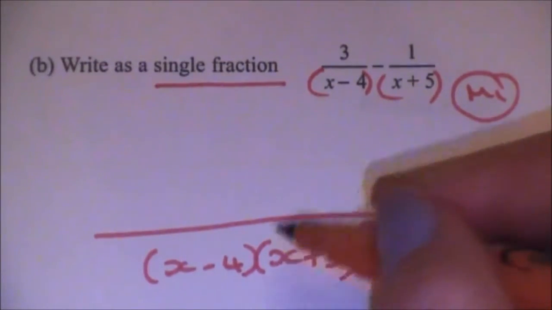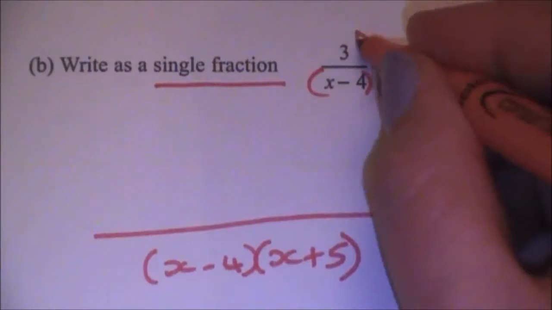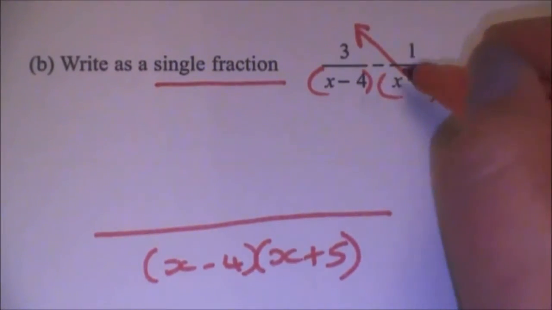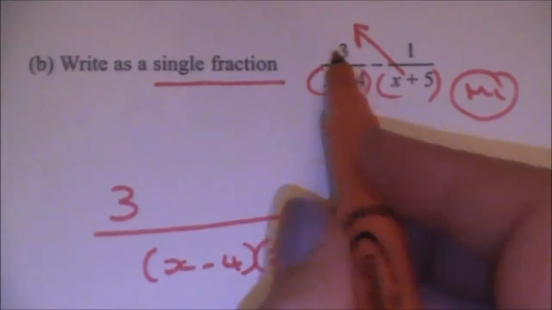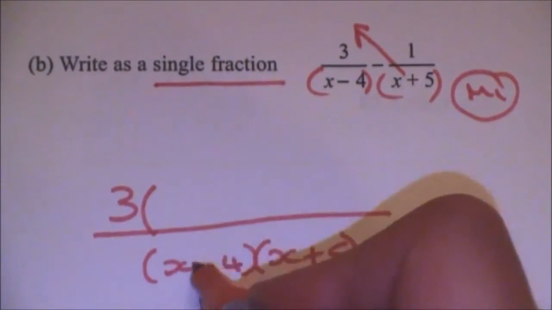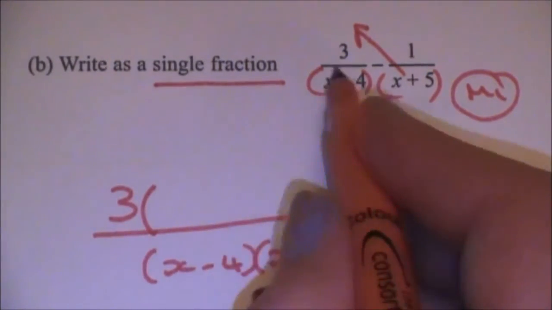So what we've done now, because we've multiplied those together, as you do when you're adding or subtracting fractions, you need to then cross multiply the denominators upwards. So it was a 3 here, but now I've got to multiply it by the x plus 5 because that's what I did to the bottom.